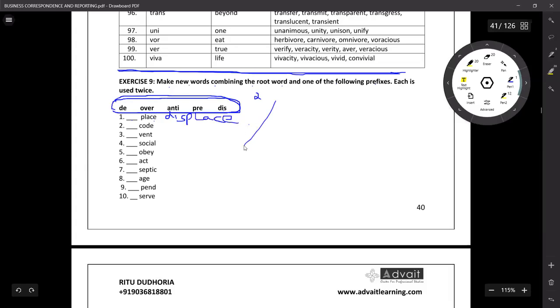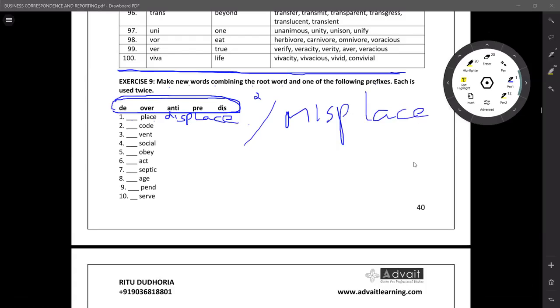What is displace, guys? And how is displace different from misplace? Everyone tell me that. Displacement is shifting. Correct. If there is a flood in your region, you will be shifted to a safer place. You will be displaced. You will not be misplaced.